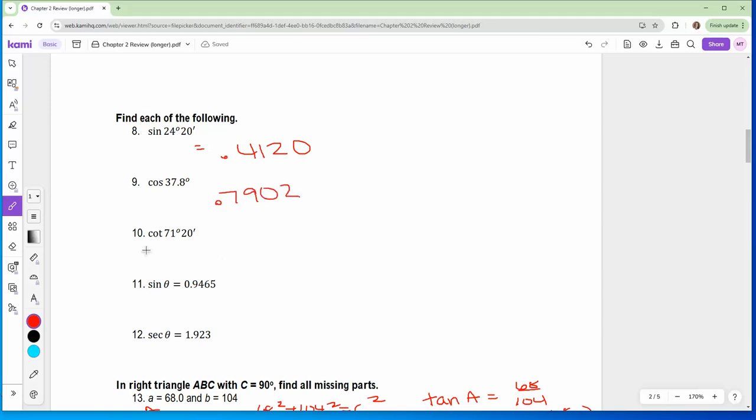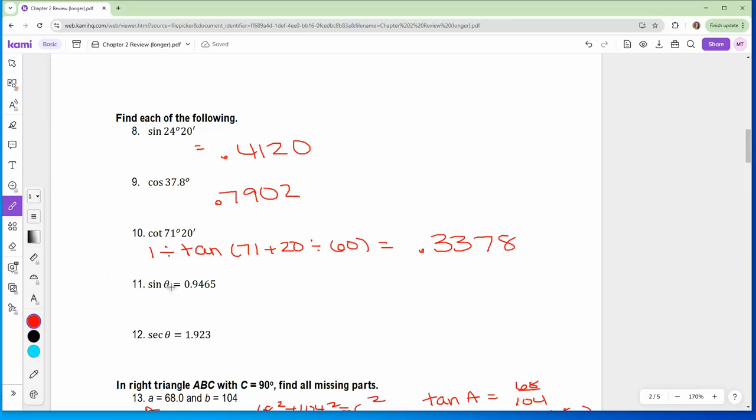For number 4, yeah, that's fine. You don't have to give me any more. To do cotangent, you have to do 1 divided by tangent. 71 plus 20 over 60. And that should give us 0.3378.